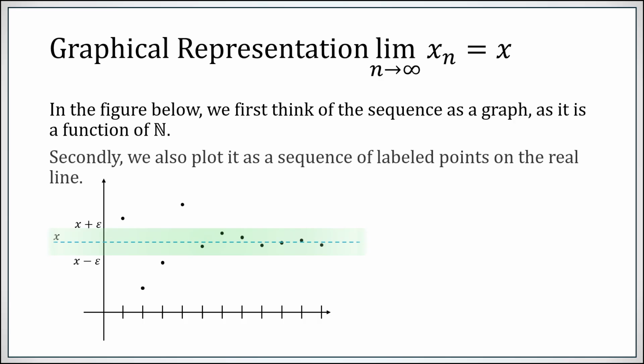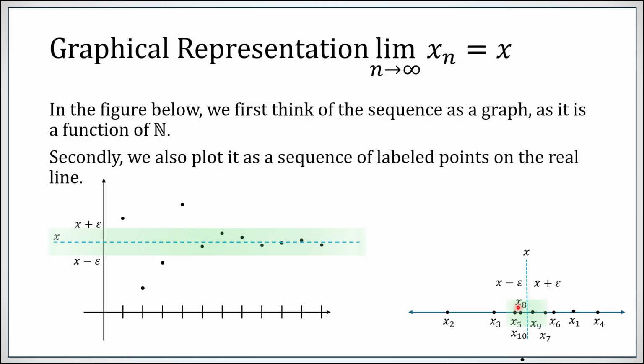Now there's another way of drawing sequences, which is just to label the points on the number line. And I've done my best to make this picture match. So for example, x1 compared to x is a little bit above it. So there's x1. x2 is a decent distance less than x. x3, x4, x5, x6, x7, x8, 9, and so forth. Okay. Now, allowing an error of plus or minus epsilon to x is just represented by this little horizontal bar on the real number line.